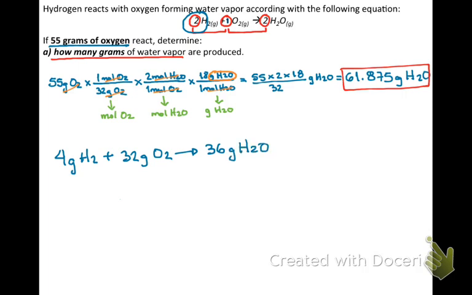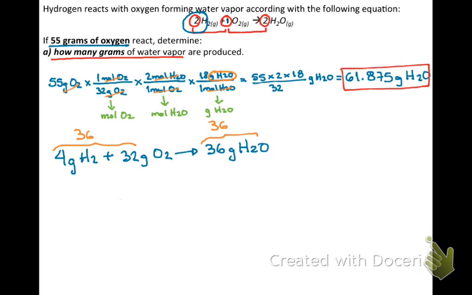As you can see here, we have the same amount of grams in both sides. So now I can use either conversion factors in grams or rules of 3.